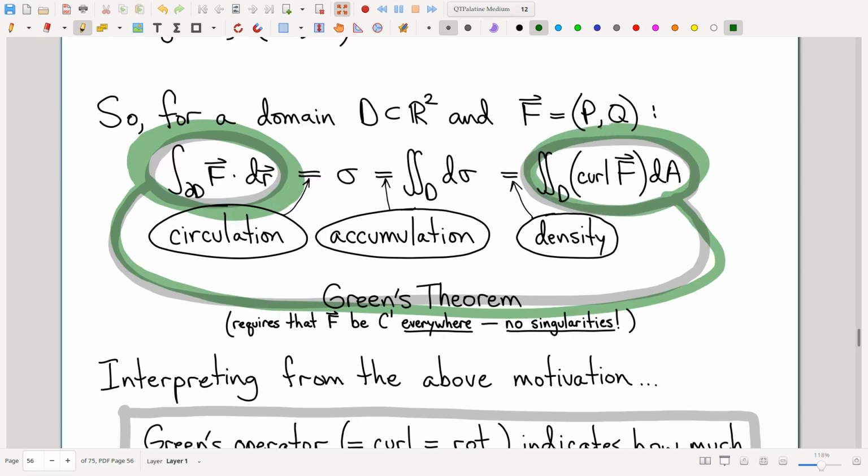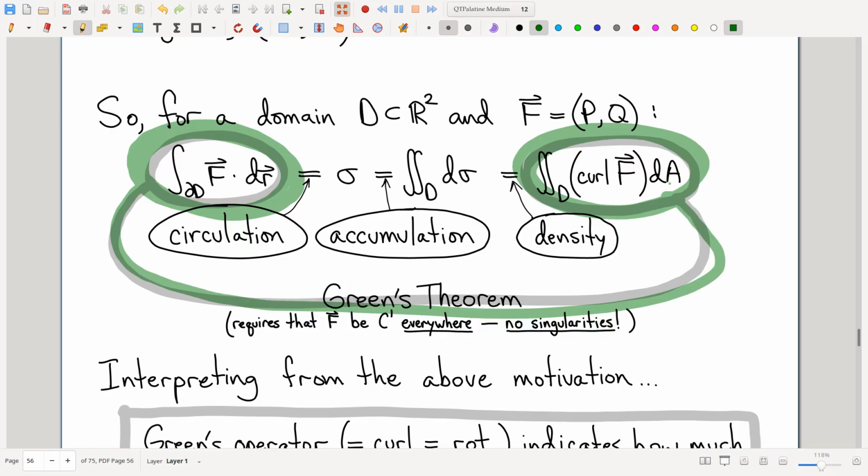So you can think of Green's theorem, as most people do, as a relationship between a line integral and a double integral. Specifically, a double integral over a two-dimensional region and the corresponding boundary circulation integral on its boundary.